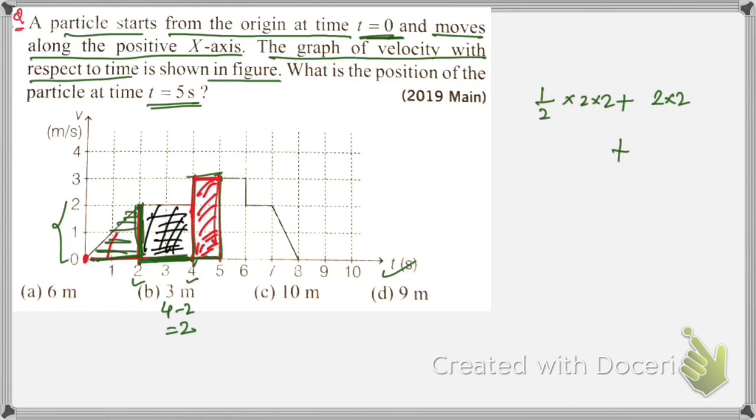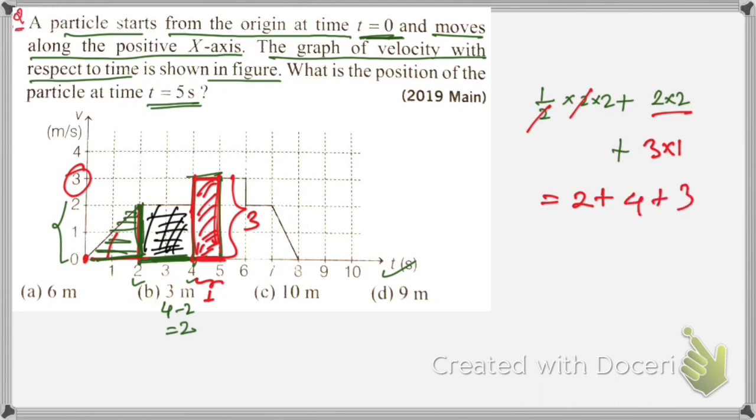This length is from 4 to 5, it is 1, and the height is 3. So 3 into 1. So that's going to be equal to 2 plus 4 plus 3, that's 9 meters. So D is the correct option.